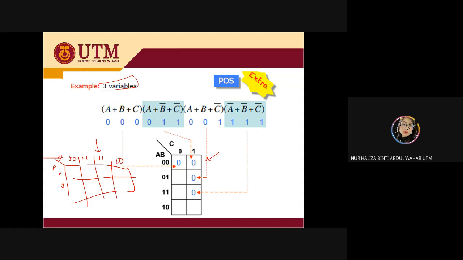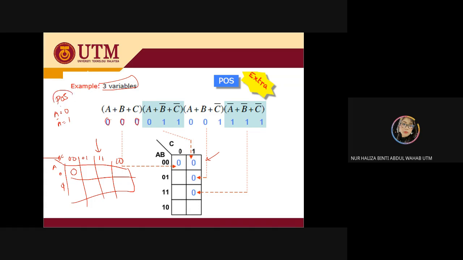And from here, you have POS. A equal to 0, A bar equal to 1. So A will be 0, B will be 0, C will be 0. I'm going to put 0.